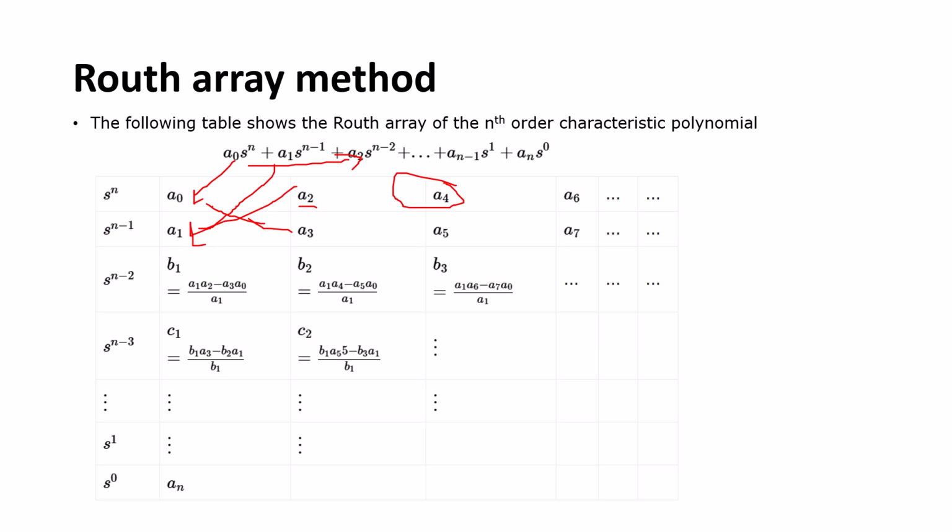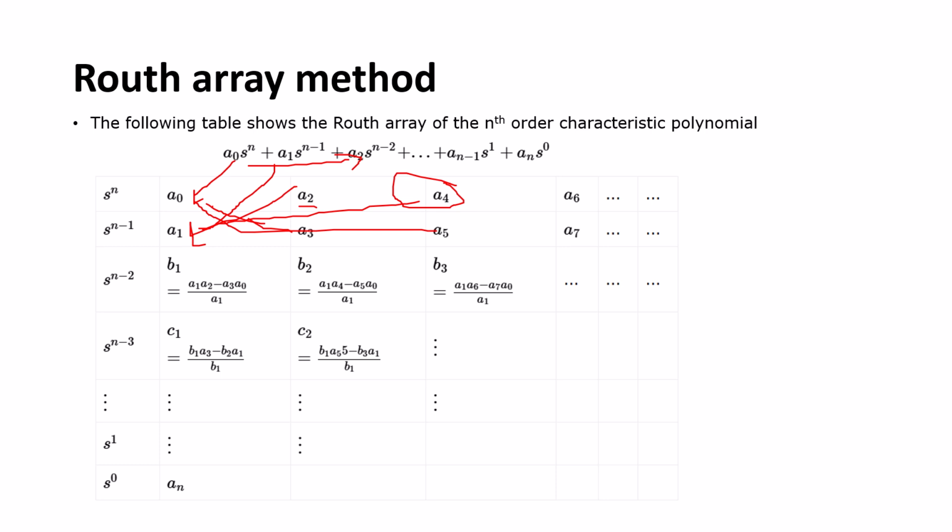For b2, it will be a1 a4 minus a5 a0 by a1. For b3, it will be a1 a6 minus a7 a0 by a1.